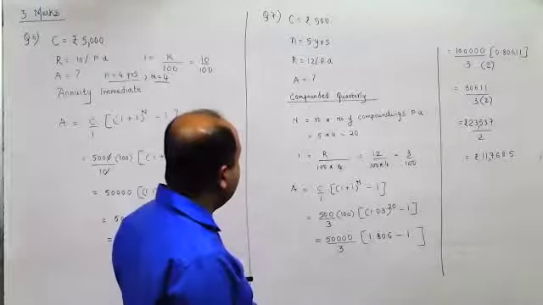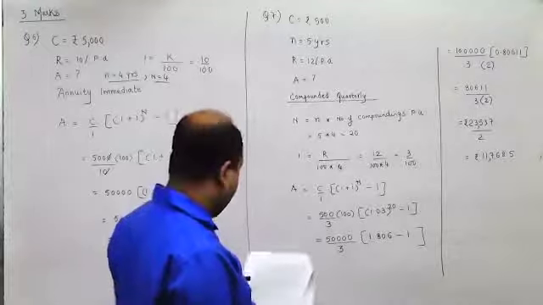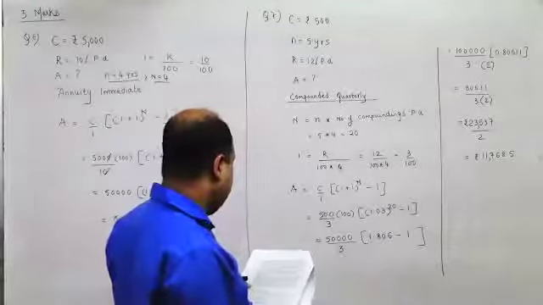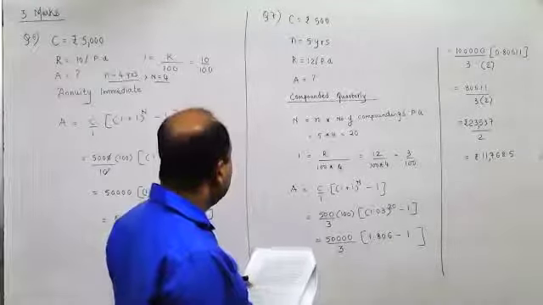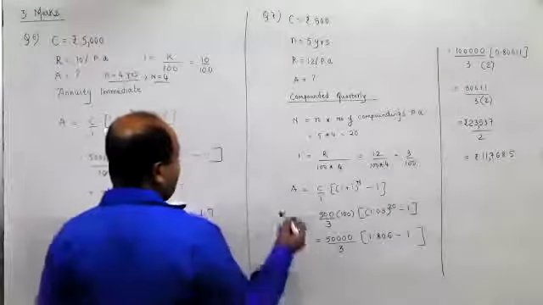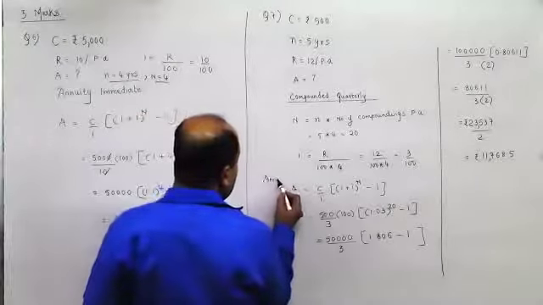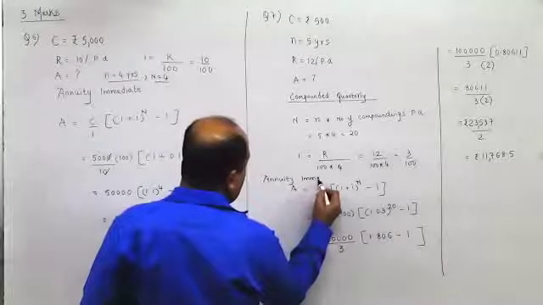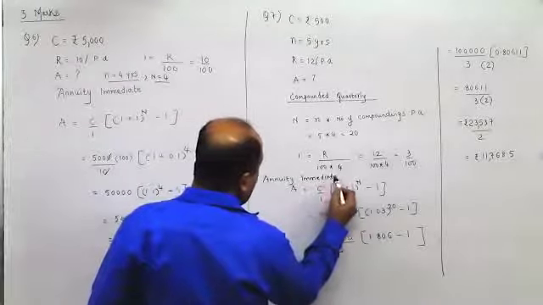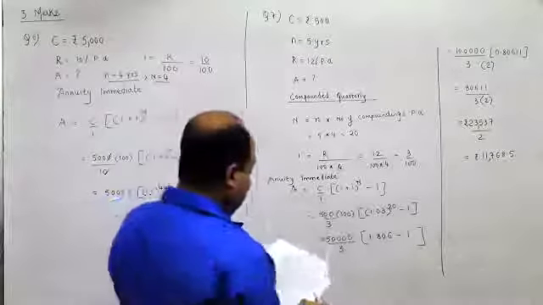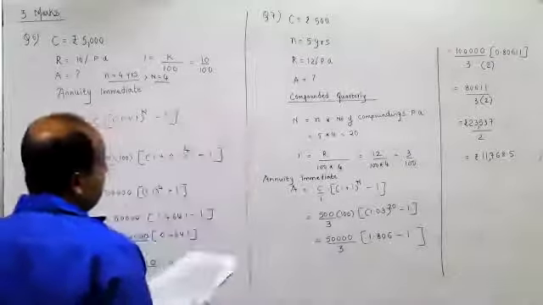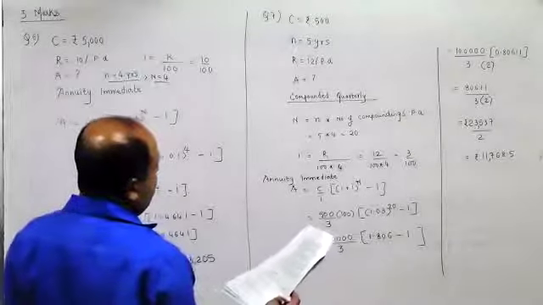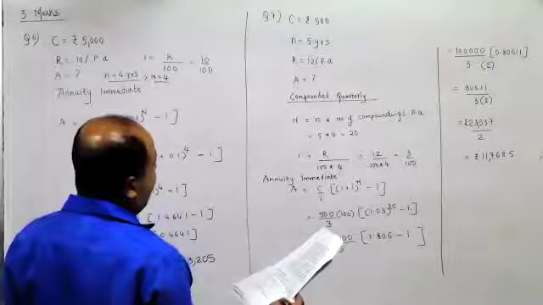Payments made at the end of every column, so that is also annuity immediate. What mistake have I made? I don't see any calculation mistake here.